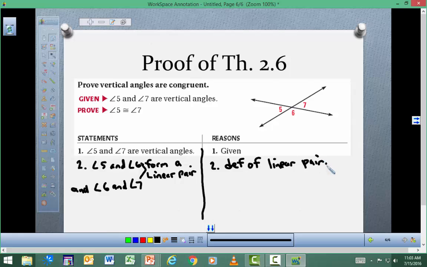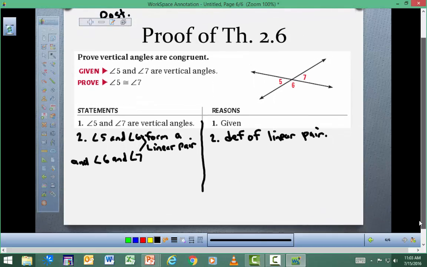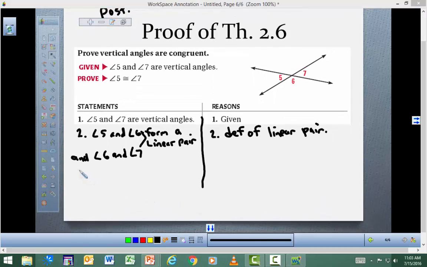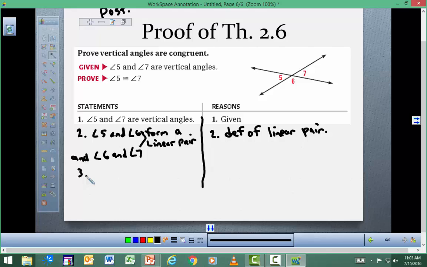Okay, well, now that we have a linear pair, we can use the linear pair postulate. The linear pair postulate says that linear pairs are supplementary. So we're going to continue down here. Line 3, angle 5 plus angle 6 is equal to 180 degrees.